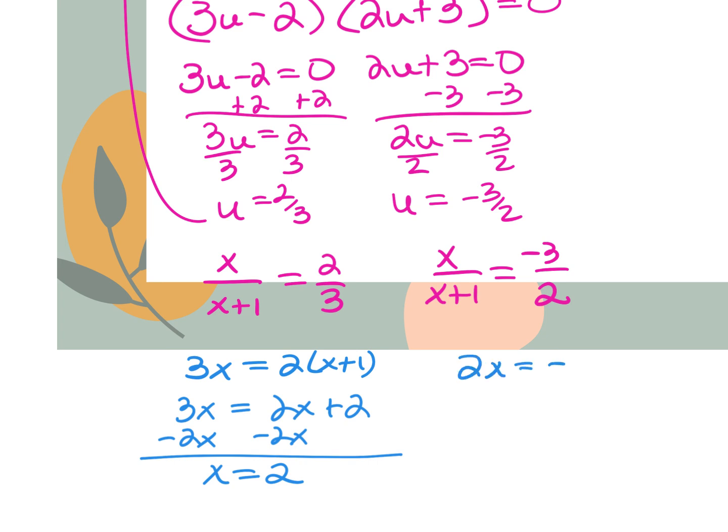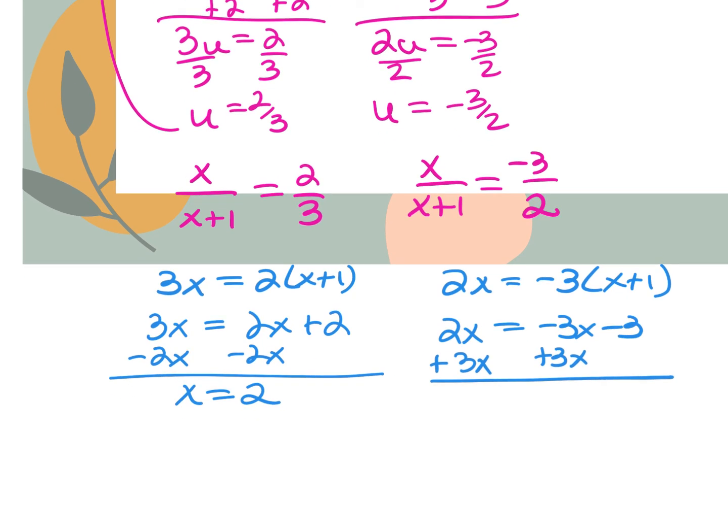2x equals -3 times x plus 1. And it wouldn't have mattered if you move that negative sign to the bottom. You're going to get the same answer either way. And I get 5x equals -3.